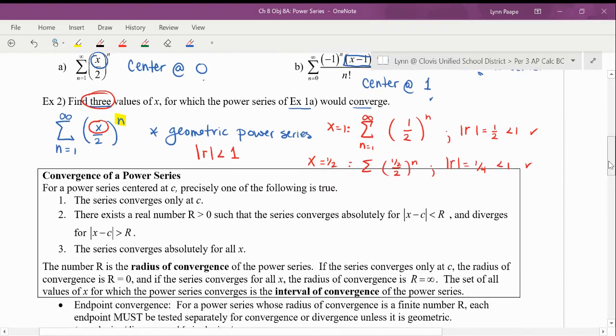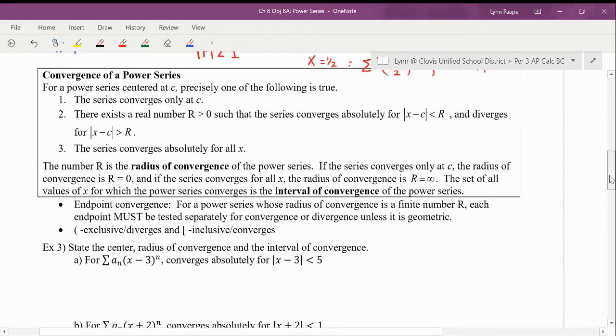Okay, let's take a look at this next component. This is specifically talking about the domain again, and the domain, remember, is where the power series will converge. There are 3 situations that could occur.